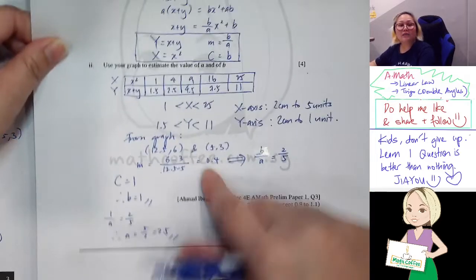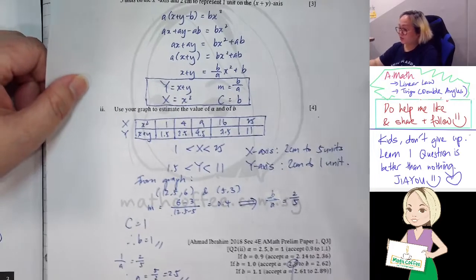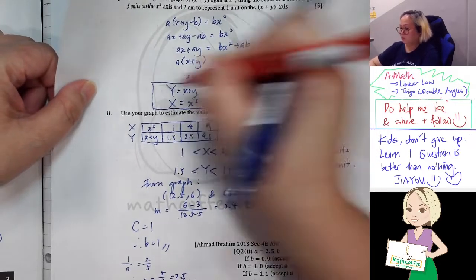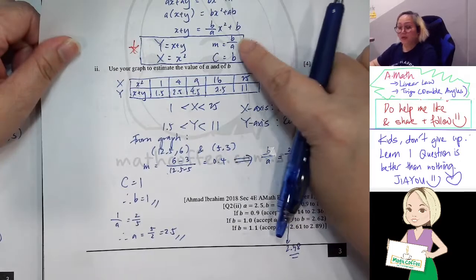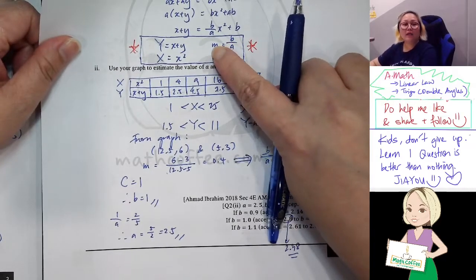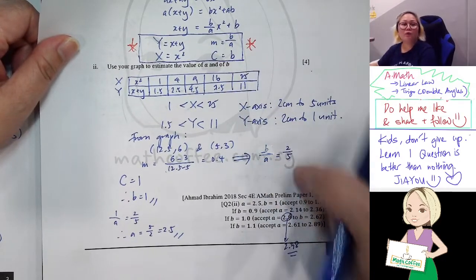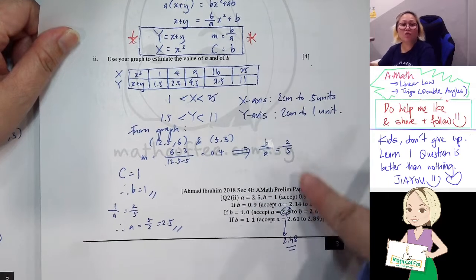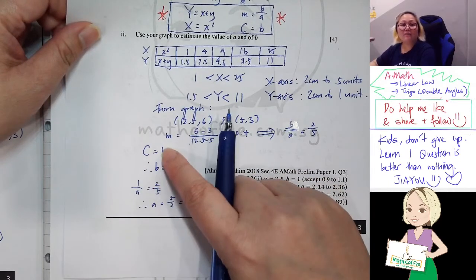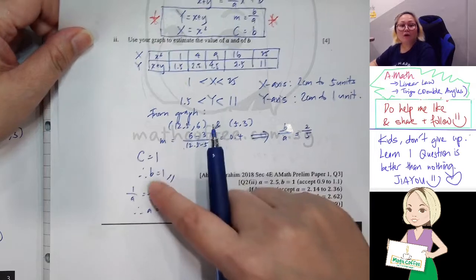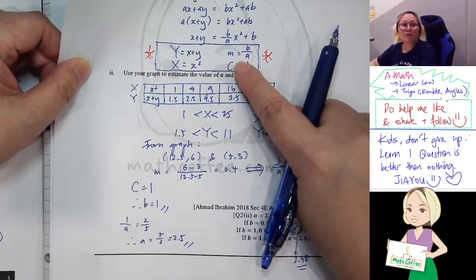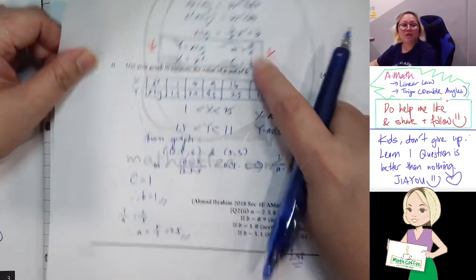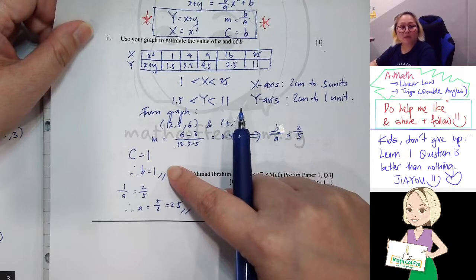And now this table, I'm going to put here, this is very important. From here, I can decide that my gradient is 2 over 5, which means my B over A is 2 over 5. Then my big C from the graph is cut at 1. And because my big C from this table is B, straight away my B is 1.